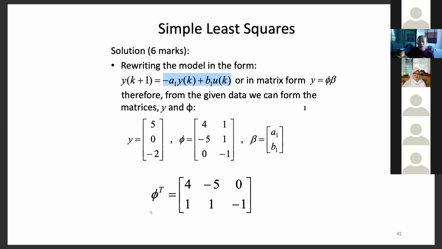Positive y, negative yk plus uk. So negative yk meaning 1, 2, 3, because our output is 3. So you have to take data y 1, 2, and 3, and negative all.